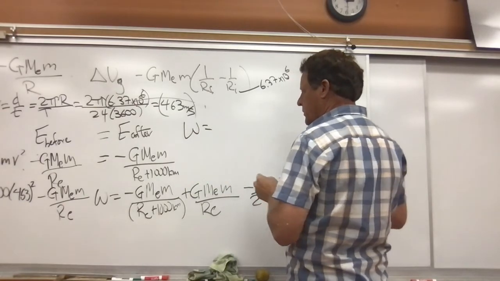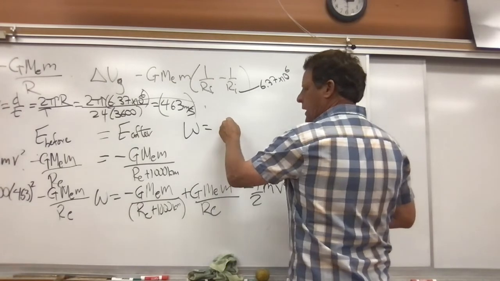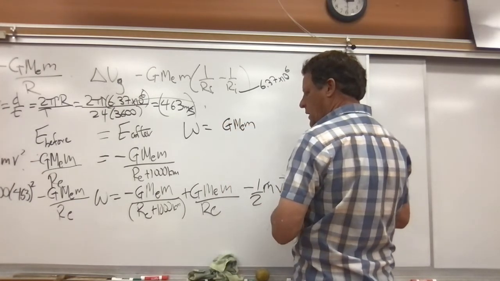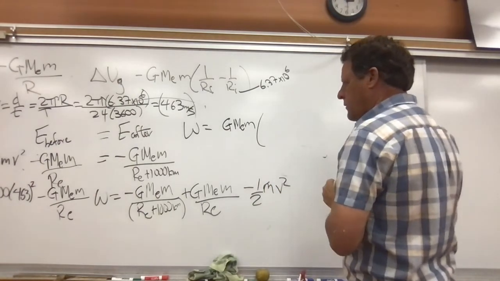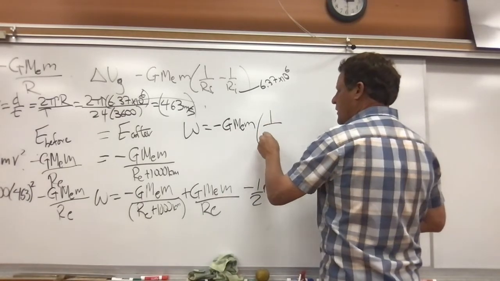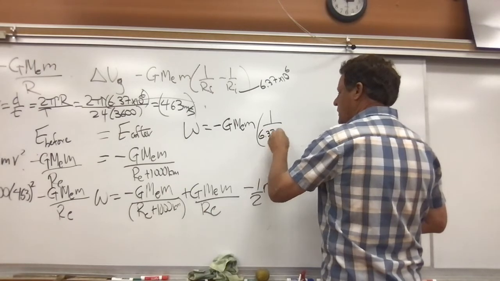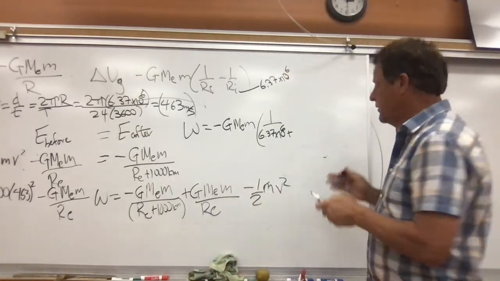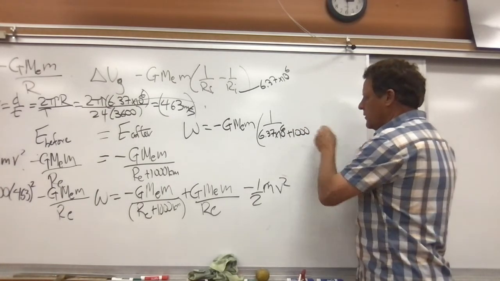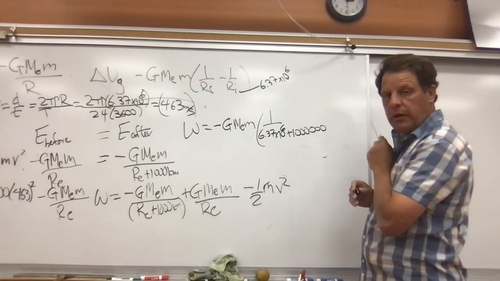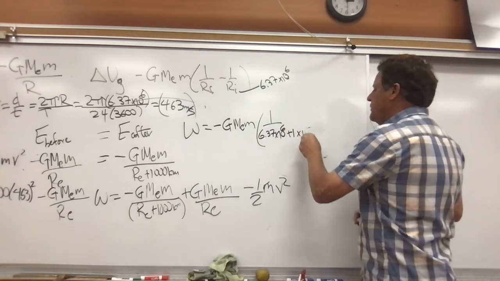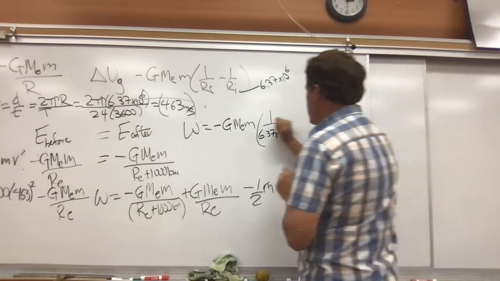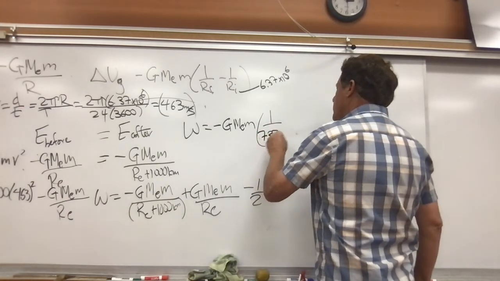Work is going to be equal to, we can factor out a G M_E m, and that means we're going to have negative 1 over 6.37 times 10 to the 6th plus 1,000 kilometers. 1,000 kilometers is going to be 1,000,000 meters, which is 1 times 10 to the 6th. 6.37 times 10 to the 6th plus 1 times 10 to the 6th is going to give us 7.37 times 10 to the 6th.